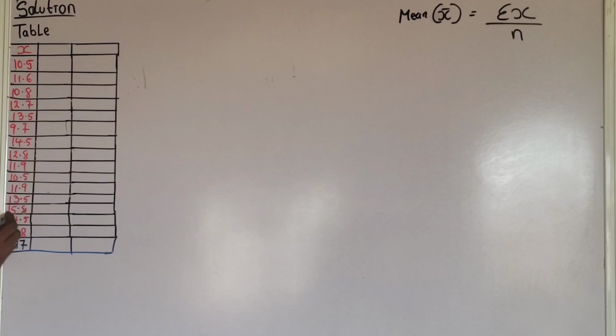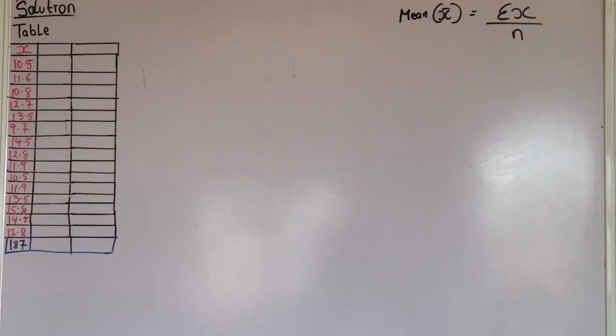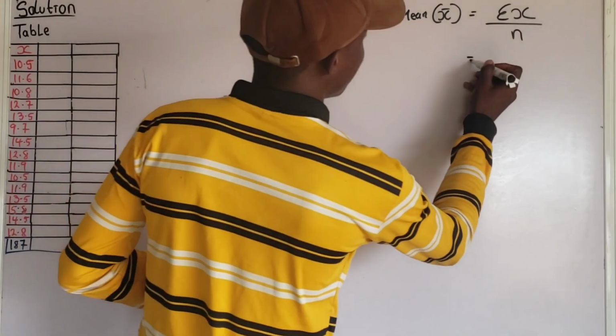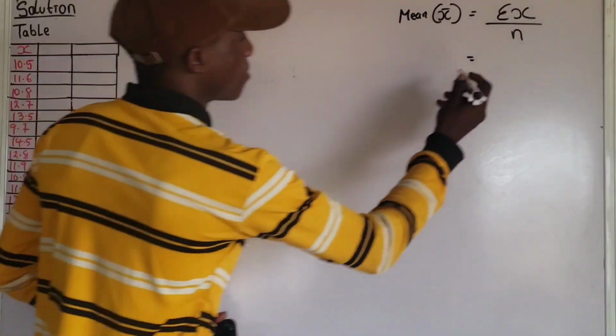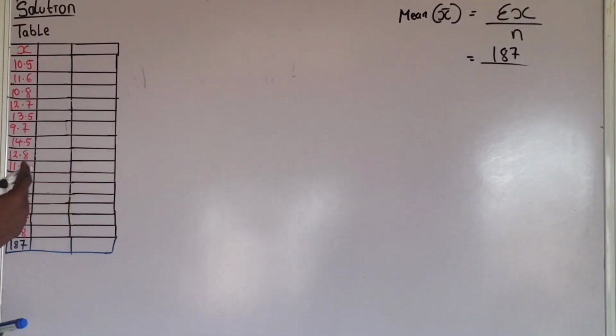Now, please just pay attention. Summation x is 187, so I'm going to have 187 all over n. n is the total number of samples, the number of observations, the number of body weights that we have.